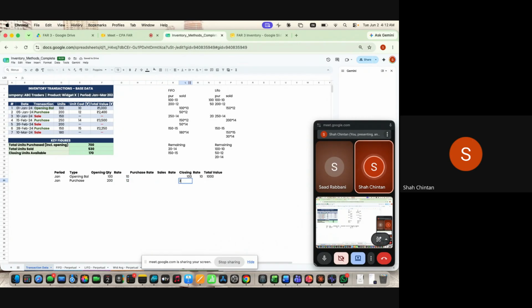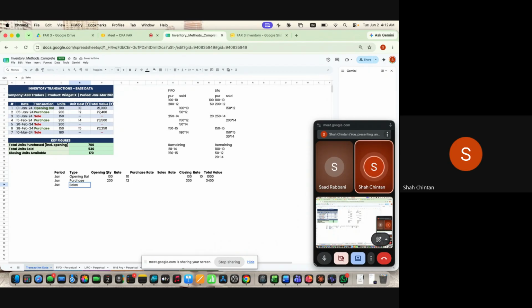So what is your closing inventory? Units are 300. What is the valuation? So first 100 units are priced at $10 plus next 200 units are priced at $12. Right now no sales have taken place. So you have a closing inventory of $3,400.